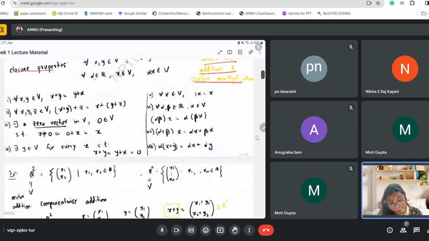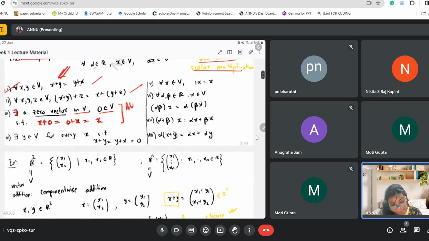So this also means commutative. Similarly, associative. There exists a zero vector in V such that x plus 0 equals 0 plus x equals x. This is the additive identity.